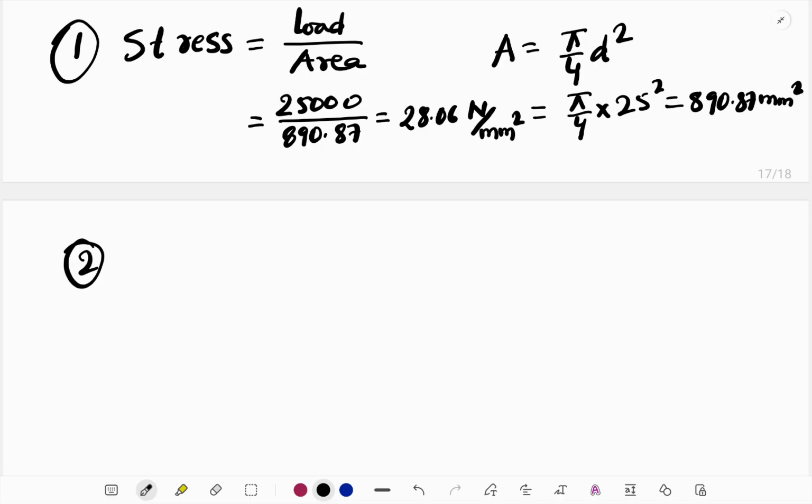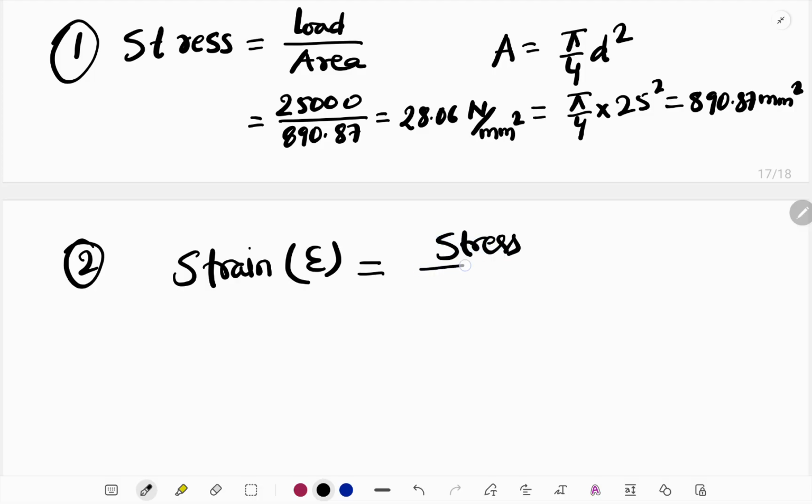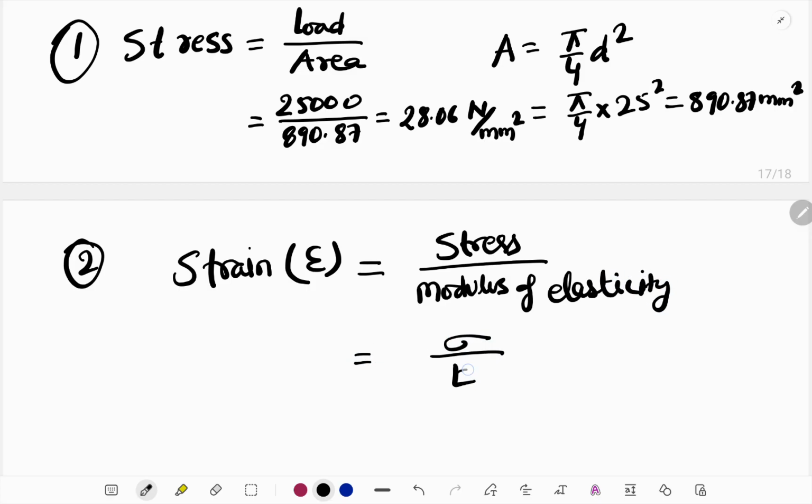We can calculate it with the help of a formula: epsilon, the strain, is equal to stress divided by modulus of elasticity, so we can write sigma by E. We have both values, because the stress is already calculated.